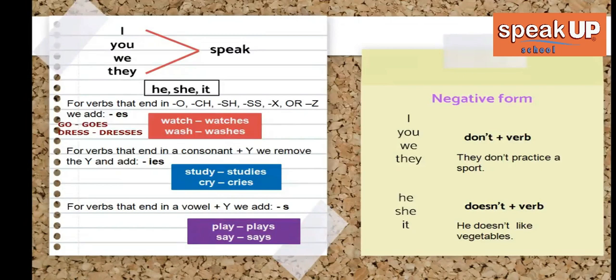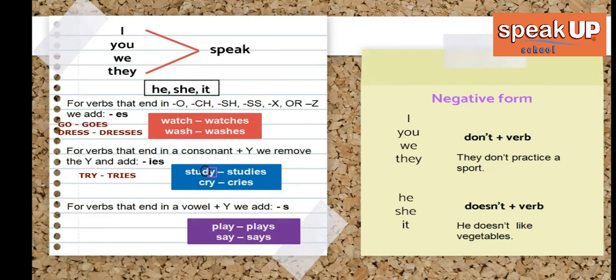Here you have a consonant, and after the consonant, you have Y. When you have consonant plus Y, you change the Y for I, and that is, instead of "studys," studies. It's not "crys," it's cries. Play doesn't have a consonant, it has a vowel. Here is when you have a consonant and the letter Y.